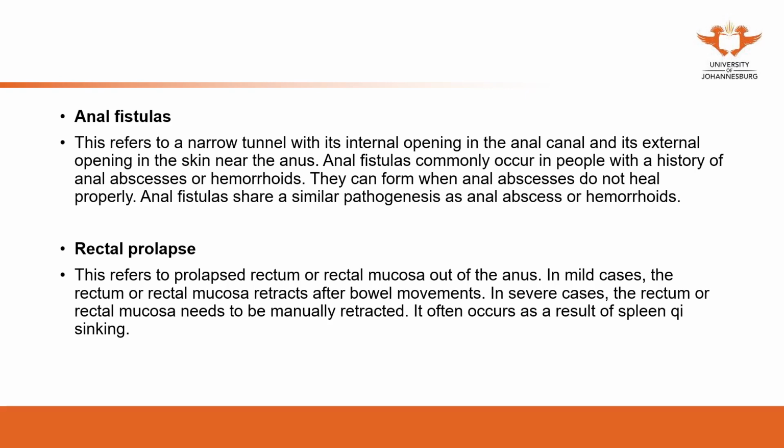That's also because of qi deficiency, a result of spleen qi sinking. So for those kinds of problems, we also focus on the spleen qi. For the spleen qi, we can use either herbal medicine or moxibustion, which we're going to introduce in future. For moxibustion, we can treat the prolapse of the uterus and the rectal prolapse.